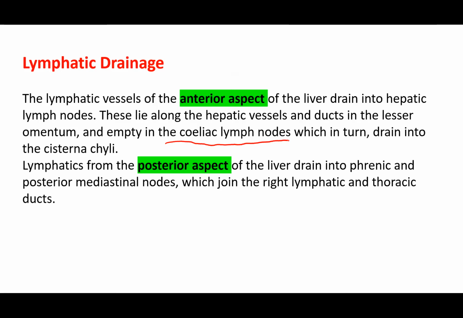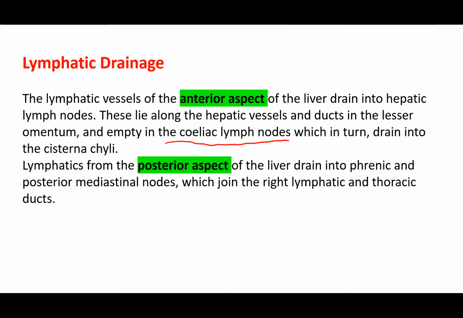Now, all the anterior aspects of the liver drain into the celiac group of lymph nodes, which also drain all the lymphatics from the stomach. Okay, and it subsequently enters the cisterna chyli to empty into the thoracic duct.